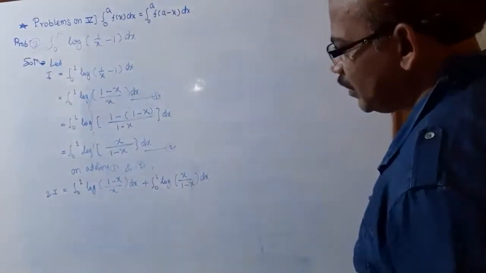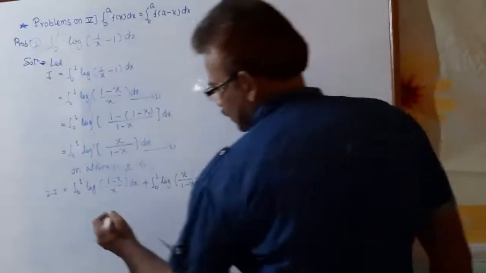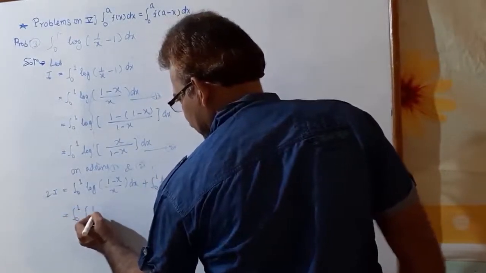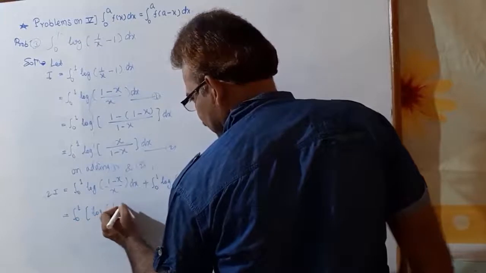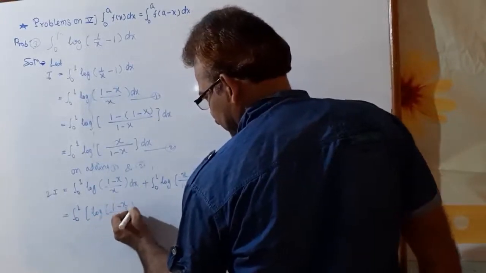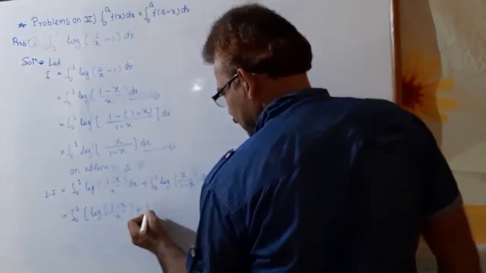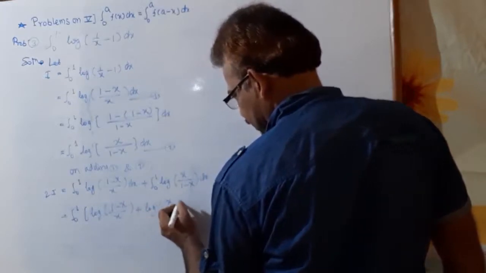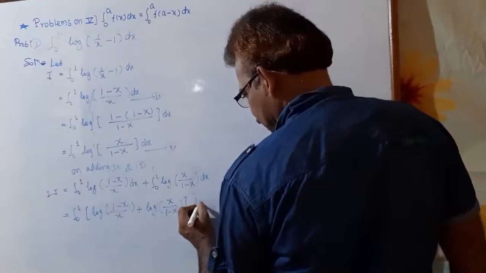Then we take integral 0 to 1 common, dx also common, integration 0 to 1 in bracket log 1 minus x divided by x plus log x divided by 1 minus x outside bracket dx.